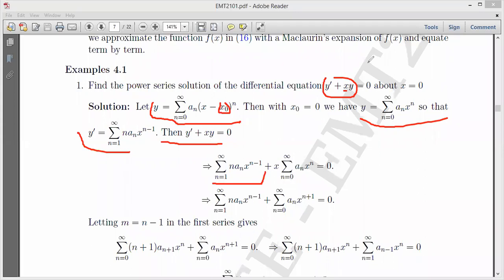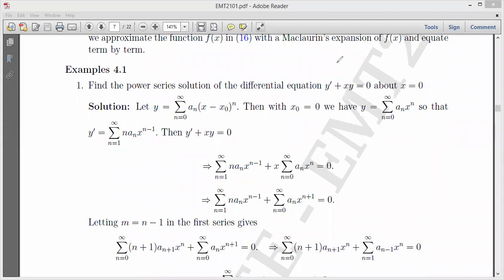Then I had also explained that every time you differentiate this one here, you have to upgrade the lower limit. If you take the first derivative of y, you have n x to the n minus 1. But now you can't start n from 0, because if you start from 0 to infinity, this whole thing would vanish.